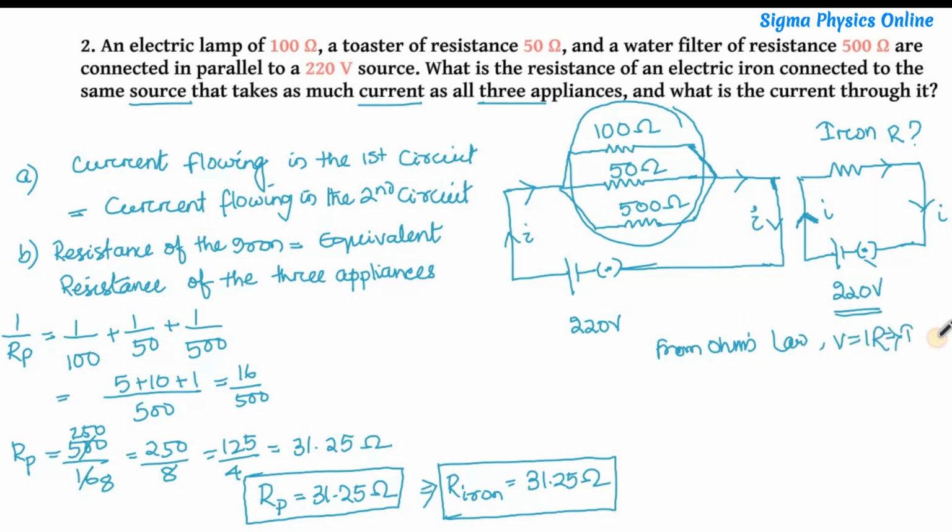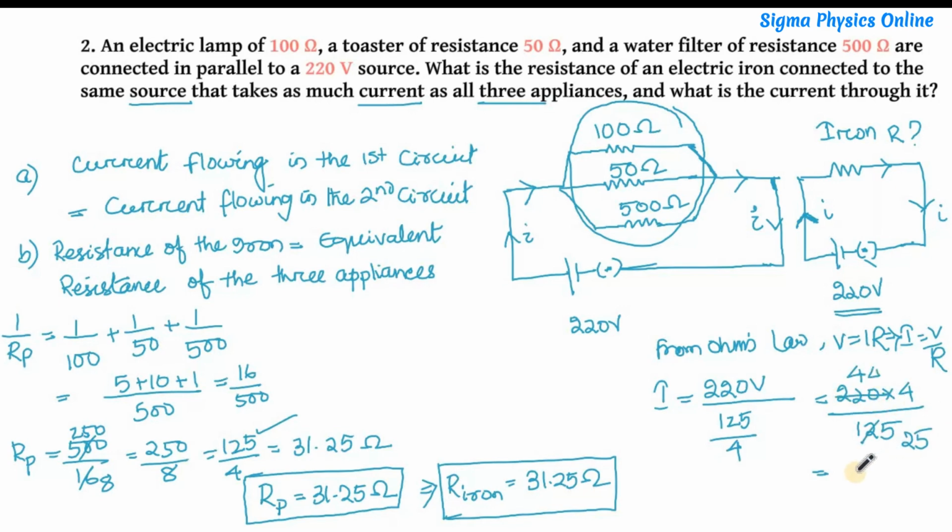So this implies I will be V by R. So I is voltage 220 volt by R, we'll write down this value, 125 by 4, which is 220 into 4 by 125, whose value is 176 by 25, that is 7.04 ampere.